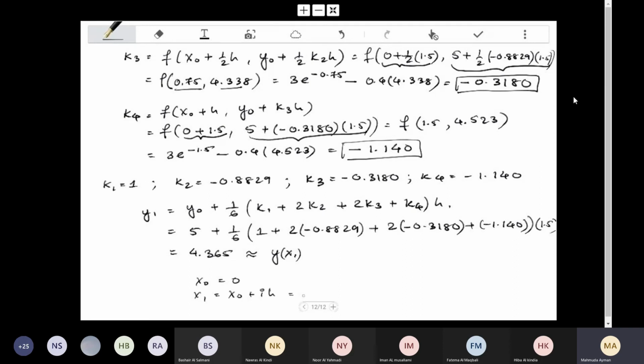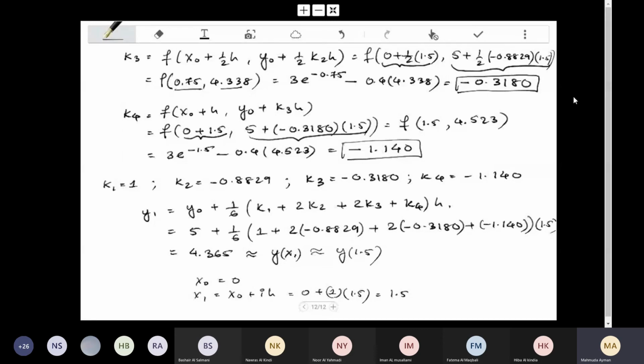So we have x0 is 0 plus i is 1 here now, so 1 times h is 1.5. So x1 is equal to 1.5. So this is approximately the value of y at x equal to 1.5.